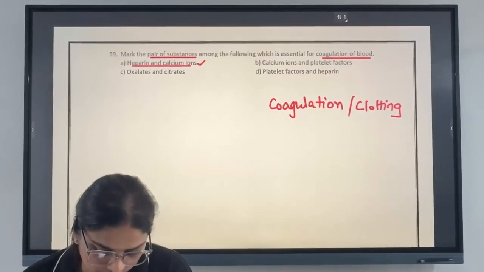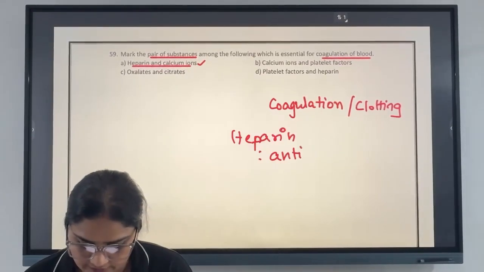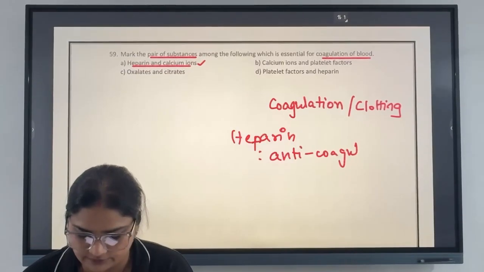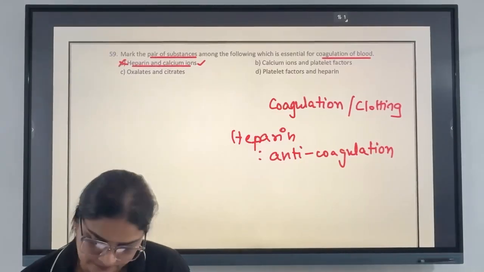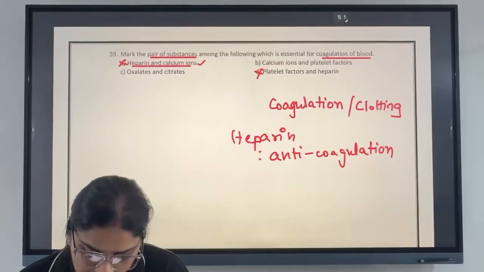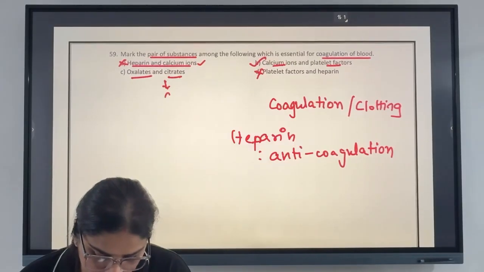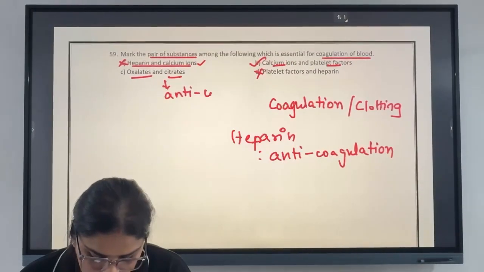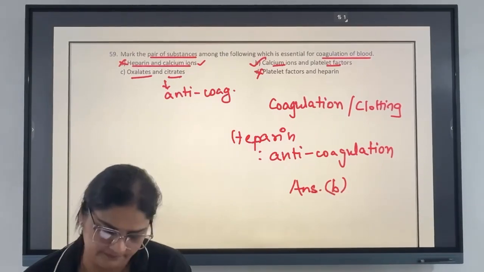Calcium is required for clotting, but heparin is an anticoagulant, means it will oppose coagulation. So any option with heparin, that is A, is wrong. D is also wrong because it has heparin. Let's see what B has to say. Calcium and platelet, absolutely bang on. B is the answer. Why is C wrong? Oxalates and citrates, these are also anticoagulants. So the answer is option B.